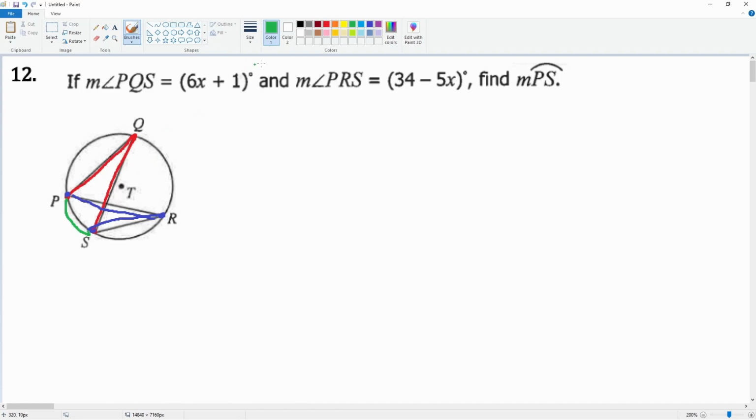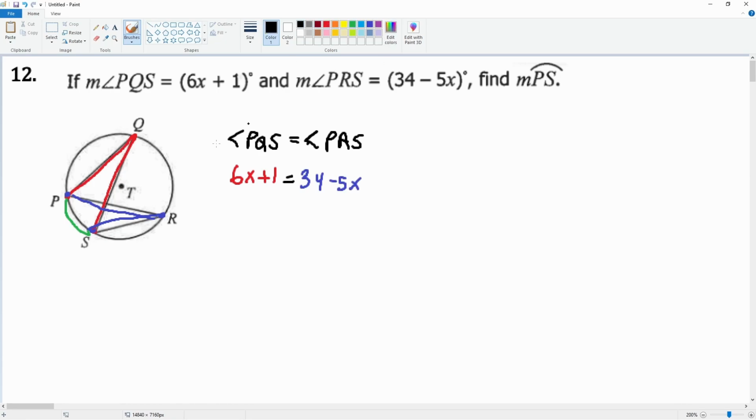Well, the fact that these two inscribed angles share the same arc, we can now set them equal to each other. We can say that angle PQS is equal to angle PRS. Okay, we can say that 6x plus 1 is going to be equal to that blue part of 34 minus 5x.